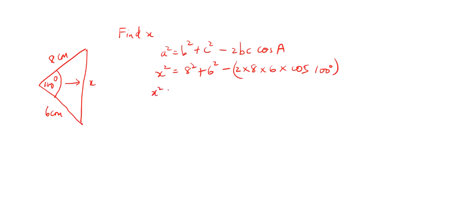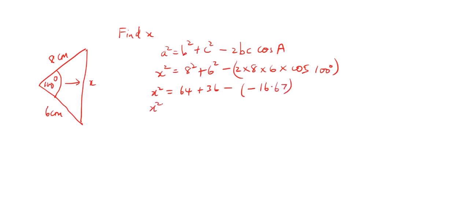So therefore x squared is equal to 64 plus 36 minus, we're going to use the calculator now. So this will be 2 multiplied by 8 multiplied by 6 multiplied by cos 100, and this gives us minus 16.67.